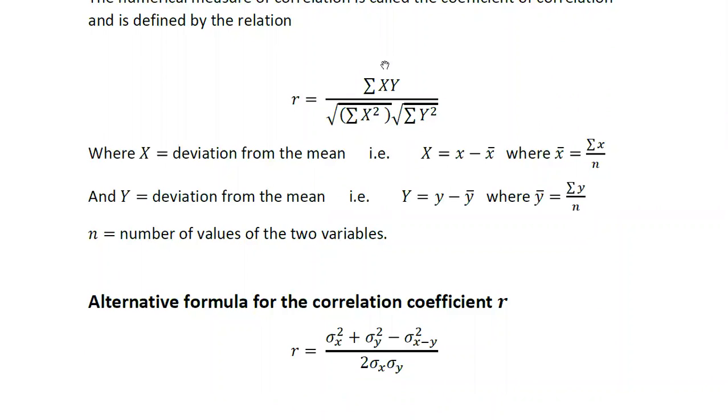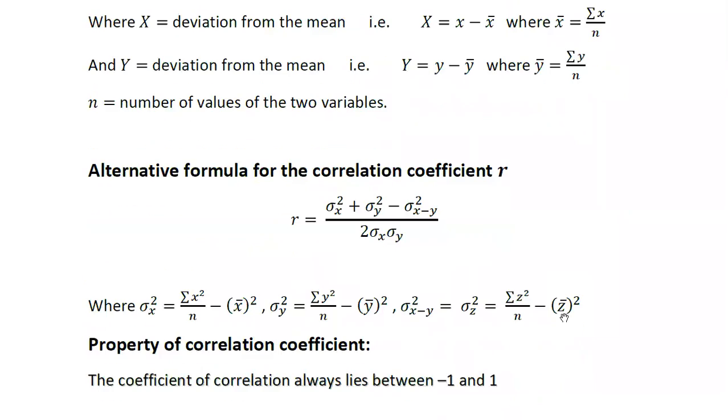This value, the coefficient of correlation, can also be calculated by using one more formula, that is R equal to sigma x square plus sigma y square minus sigma square of x minus y, divided by 2 into sigma x into sigma y, where sigma x is the standard deviation of variable x and sigma y is the standard deviation of variable y.